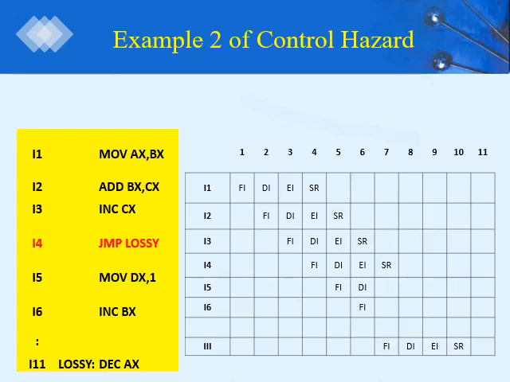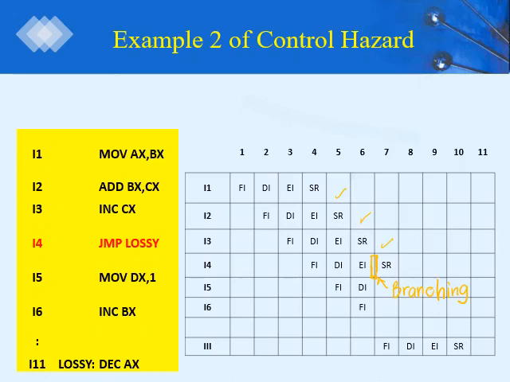So instructions 1, 2, 3 happen normally in the pipeline. Then instruction 4 gets into the pipeline, and after execution, the pipeline realizes that it needs to do branching.